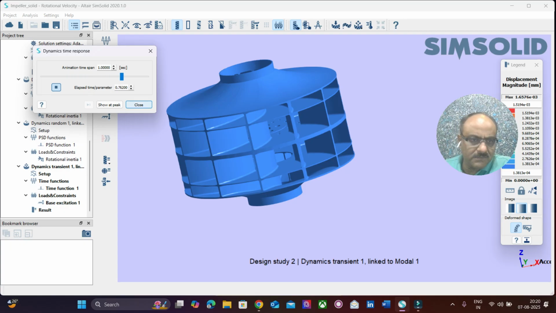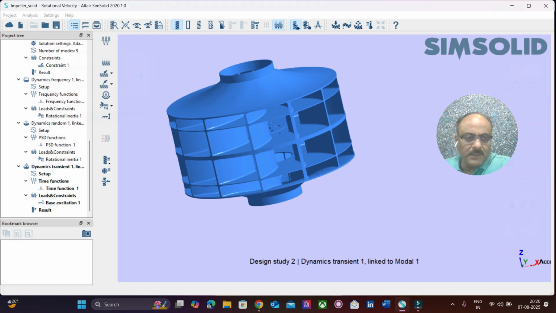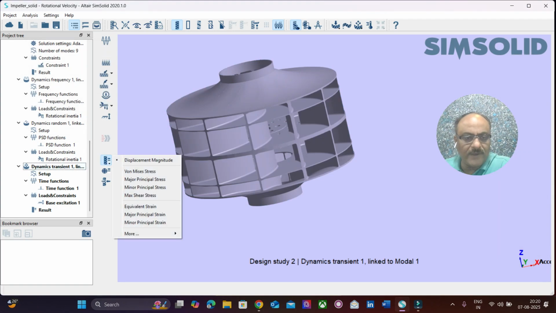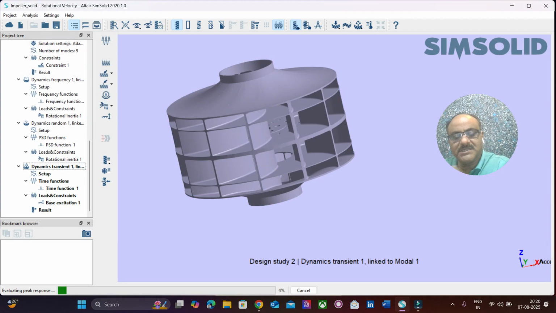0.0015 mm. That's okay. Now let's find out what the von Mises stresses are. Because of that particular excitation of 1 G force, a stress is going to be induced on the structure. So let's find out what that von Mises stress is going to be.